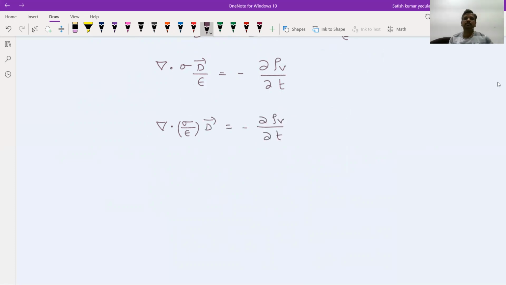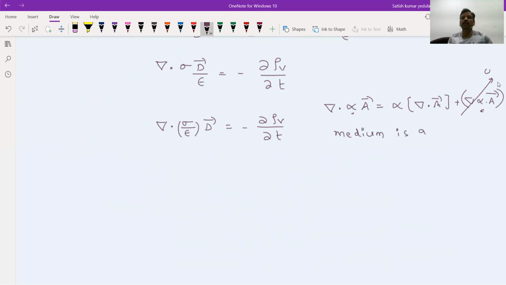But we have an expression which we have studied earlier: del dot of αA will be equal to α del dot A plus del α dot A, and the second term will become zero only when α is a constant, and that will happen only when you consider the medium is a linear medium.